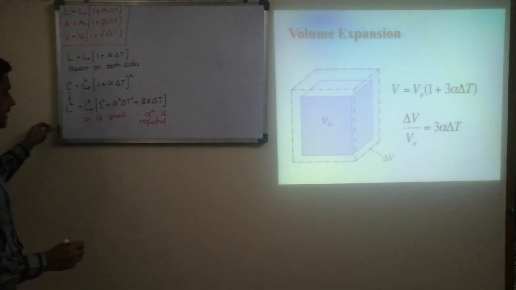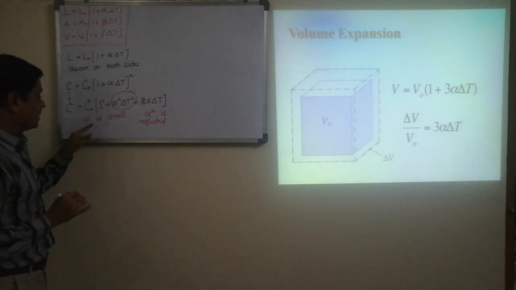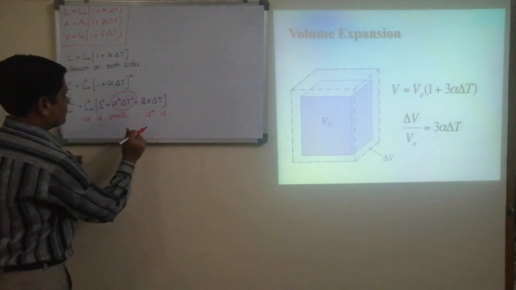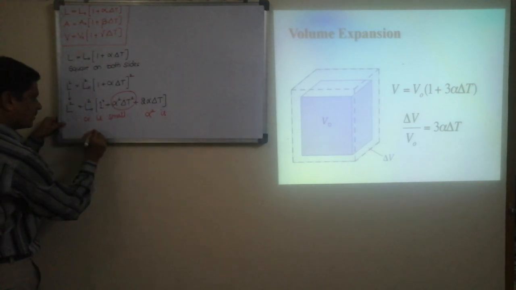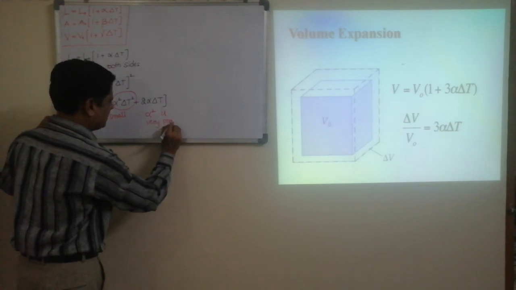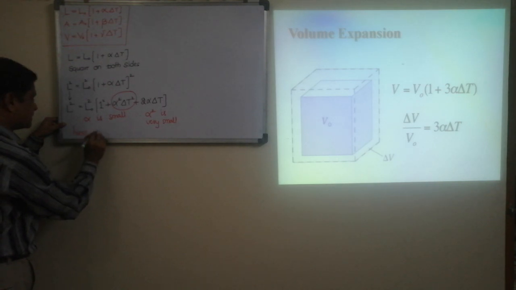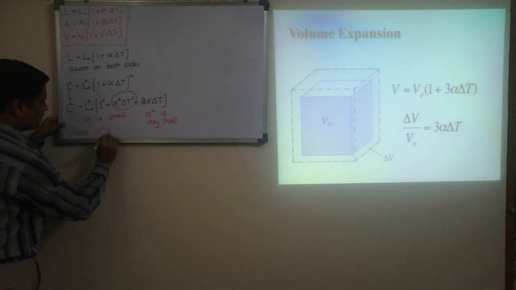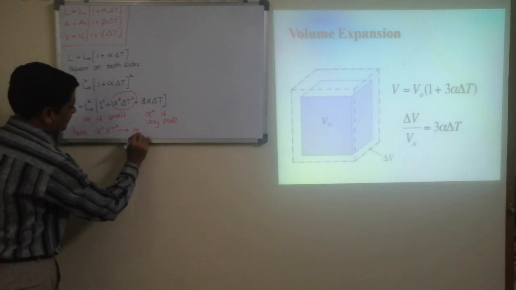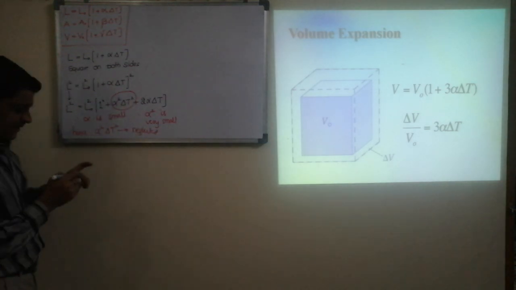If alpha is small, then alpha square is further very small. Hence alpha square into delta T square can be neglected. Means this term is neglected.